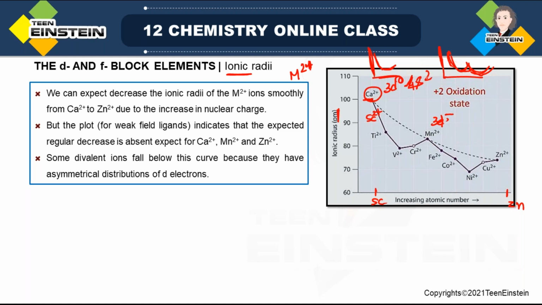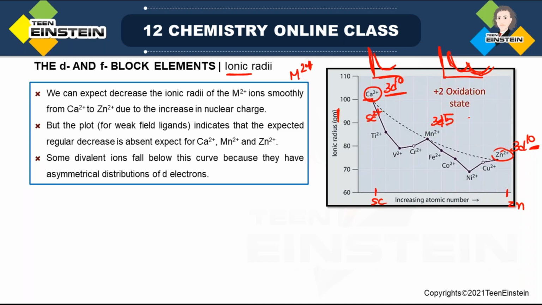Sorry, it is not 4s2, it is actually 4s0 because it is calcium 2+, that means 2 electrons lost. Similarly, for manganese it will be 3d5, 2 electrons lost from 4s, and for Zn it is 3d10. So if you consider only 3d0, 3d5, 3d10, that means either there is no electron, or it is fully filled, or it is half filled.